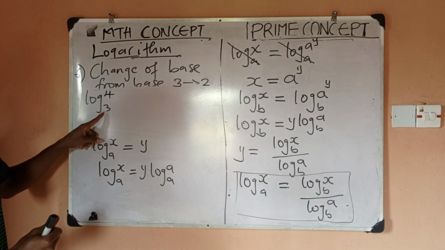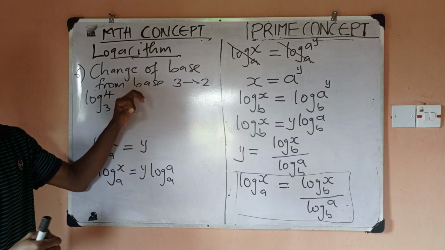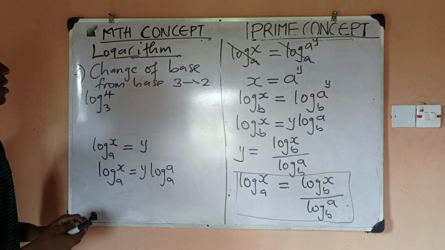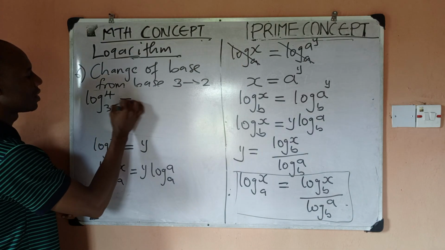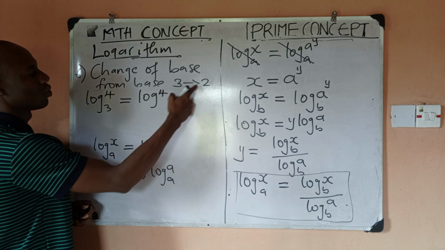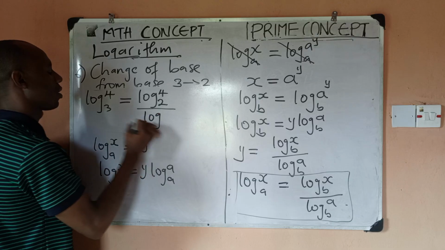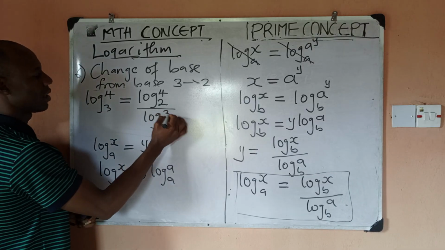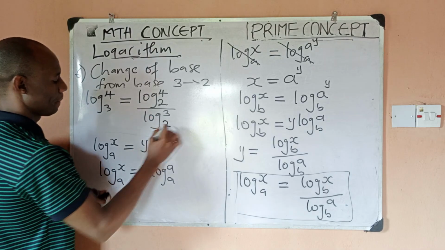So I want to change from base 3 now to a new base 2. So do well, pause this video and solve this. Drop the answer in the comment section. Let's check. Now let's do it together. So this is going to be log 4 to my new base, base 2, divided by log of my previous base, which is 3 now, to the new base of 2. Right?